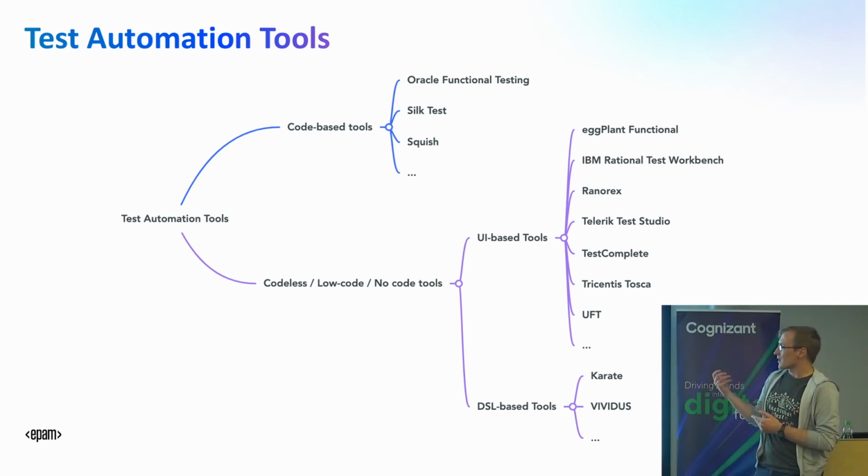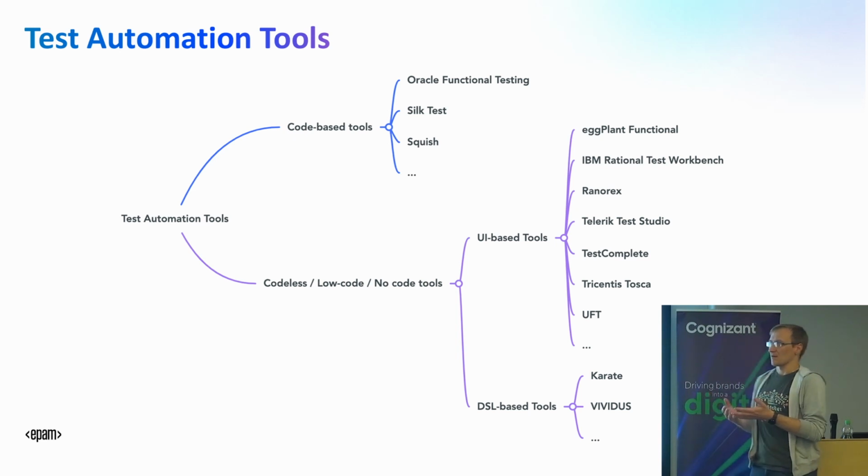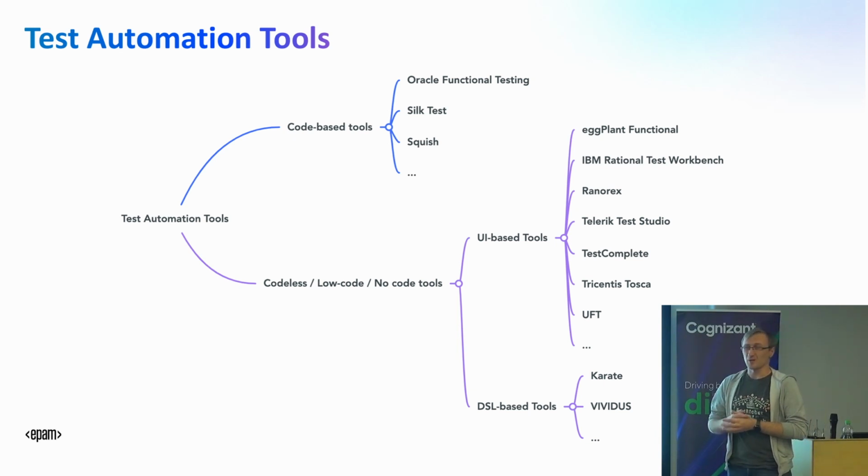This classification is mostly based on the primary way the tests are created using these tools. Code-based, I believe, is clear. You need to write the code, and then you run it and get some results. But we remember that we have a team of manual test engineers who probably do not know any programming languages.